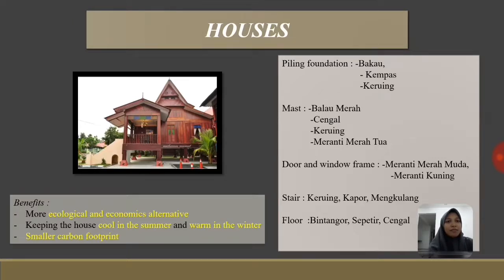Second, beams: balau merah, cengal, keruing and meranti merah tua. Third, door and window frame. Usually we will use meranti merah muda and meranti kuning. Fourth, stairs: keruing, kapur and mengkulang. And the last, floor, we will use bintangor, sepetir and cengal.